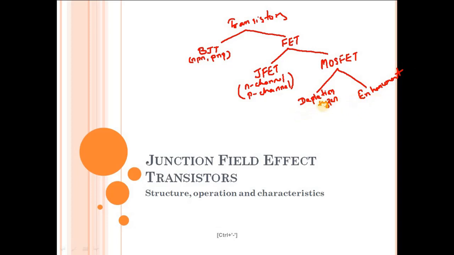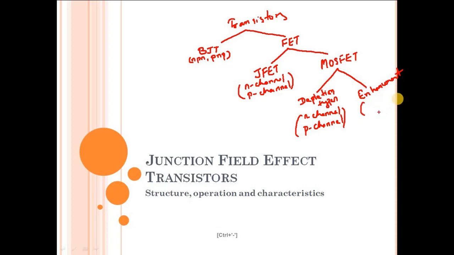So a depletion type MOSFET may be a N-channel depletion type MOSFET or a P-channel depletion type MOSFET. So these are the variants of depletion type MOSFET.